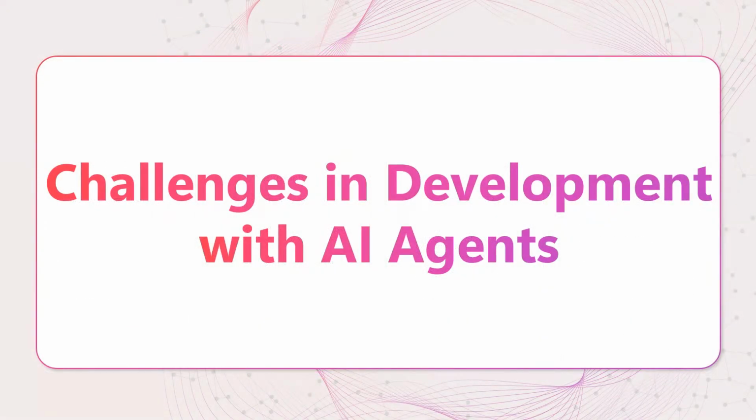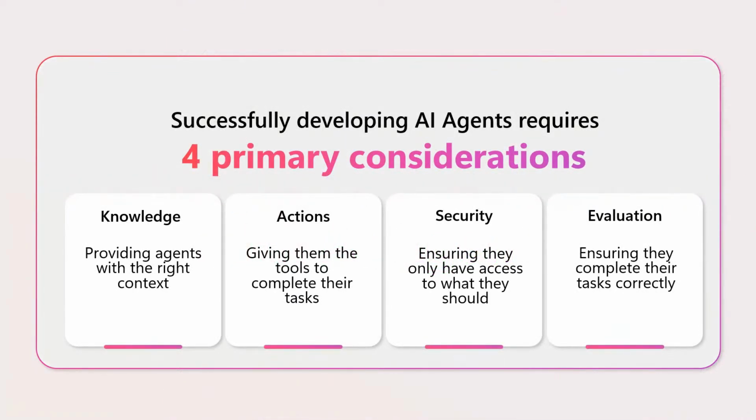Okay, we have seen all the capabilities of the agents, everything this technology is able to do, but of course there are challenges as well. There are challenges in the development of AI agents. Again, we try to summarize these challenges in this slide in 4 main categories: knowledge, action, security, and evaluation.